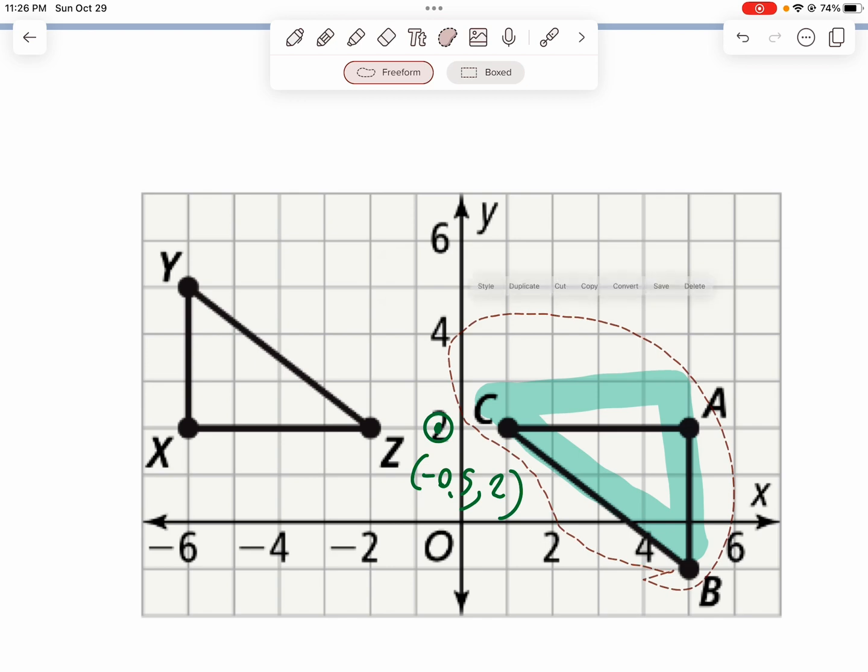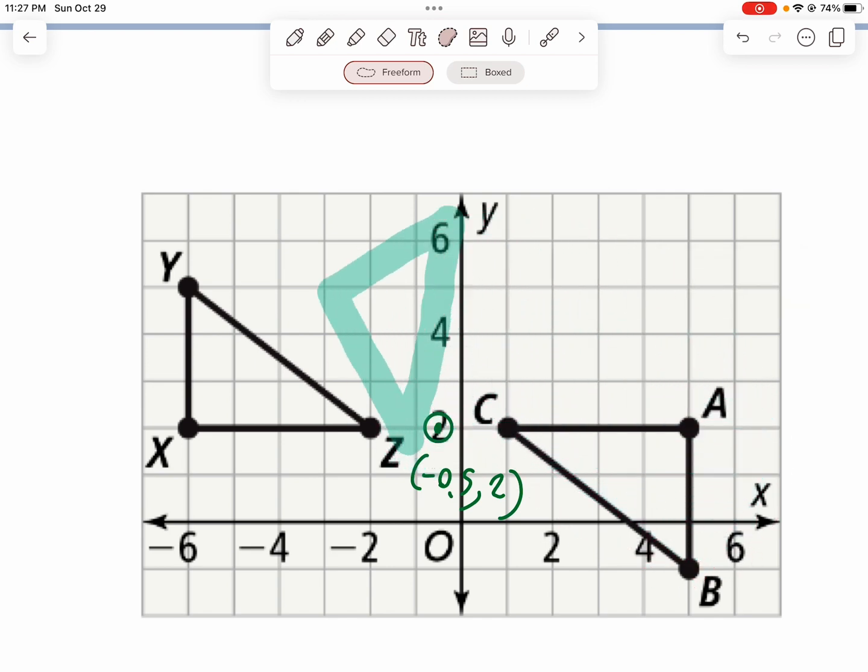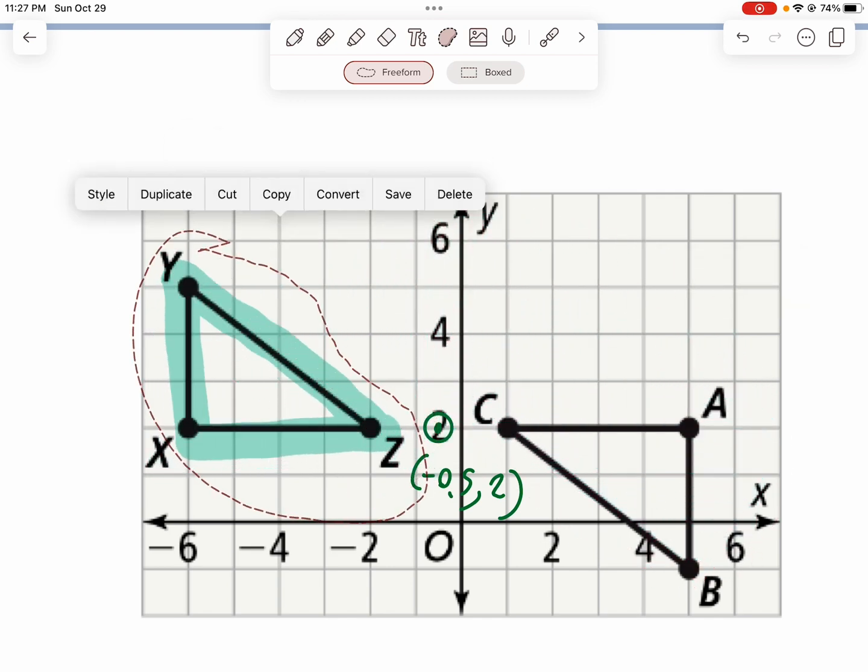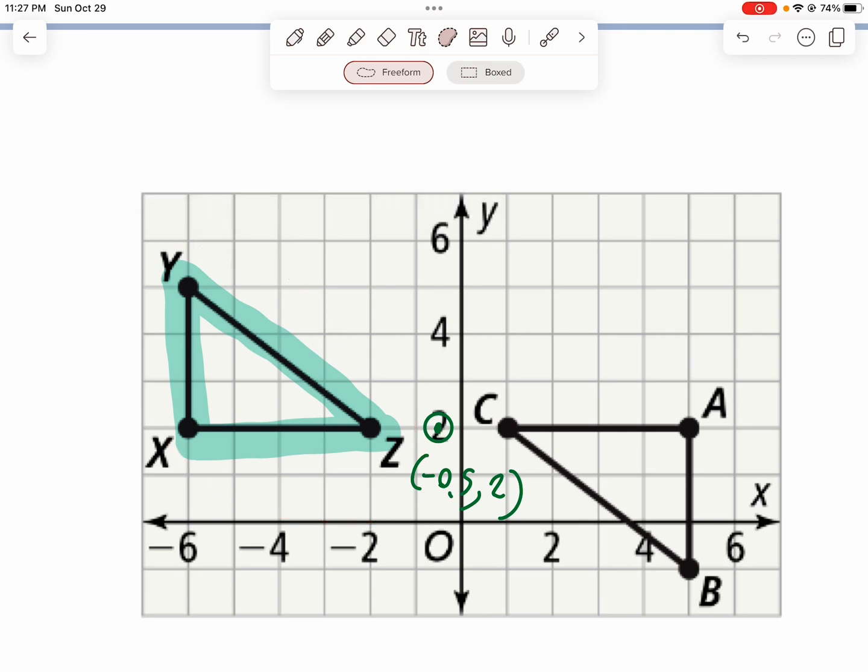So I'm gonna rotate it about that origin. And whenever I do, it goes right there. Just one quick rotation. And we've got it. As they say, Bob's your uncle. All right, so we're able to show that these two shapes are congruent by doing one rigid transformation.